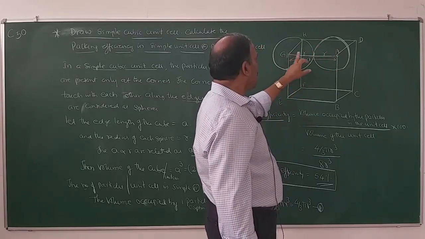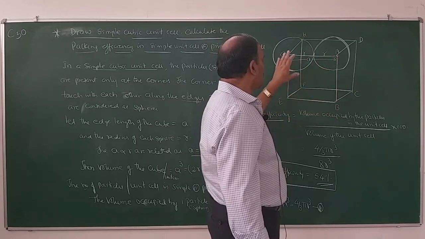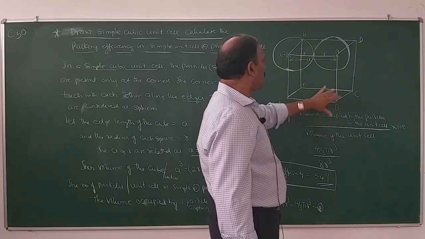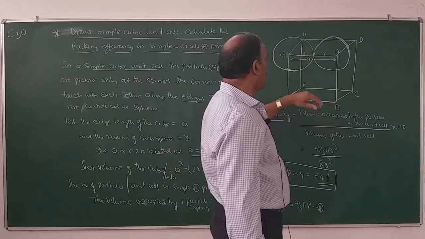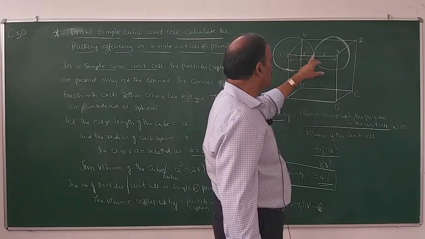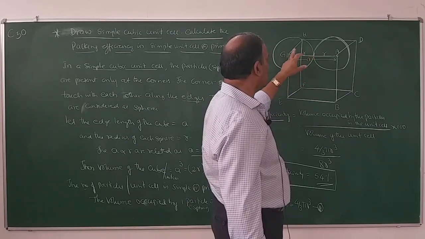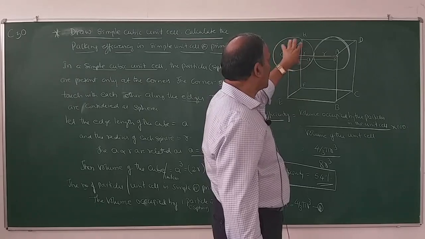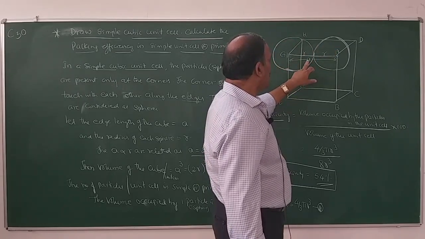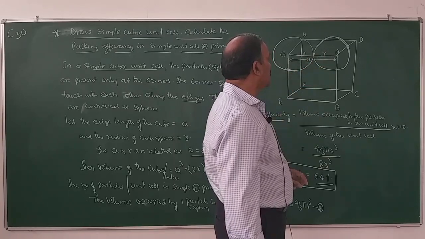Let small a be the edge length. This length is also a, this length is also a, so all the edge lengths are small a. Here the distance between the center and the edge of this particle is r, the radius of this particle, and this is the radius of the next particle. So the edge length a is equal to 2r.